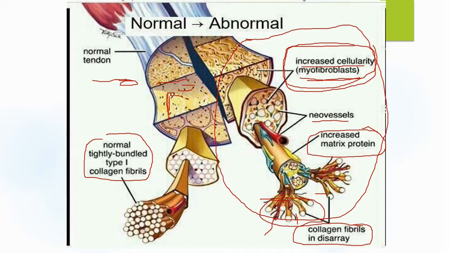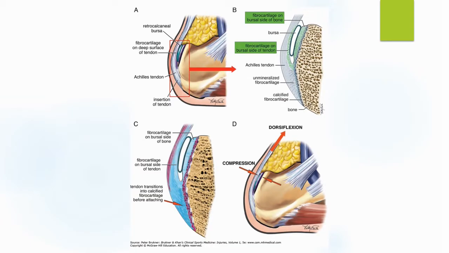Okay, so let's take a look and summarize this whole process. Let's make this real by looking at an actual tendon. Here we have an example of the Achilles tendon. Let's imagine that this is the Achilles tendon in two populations of people.